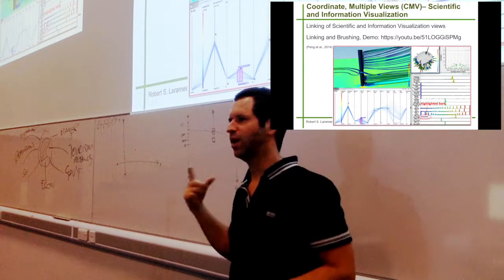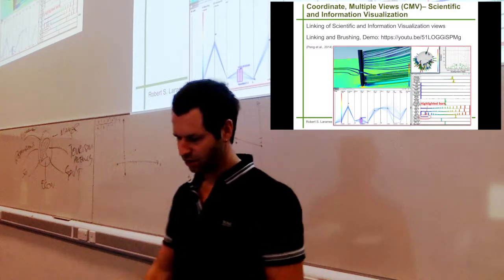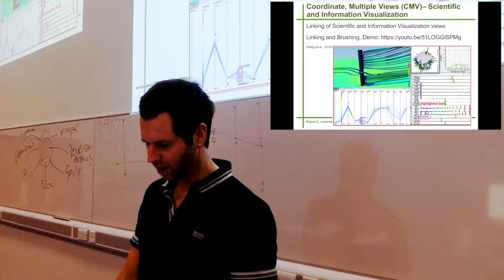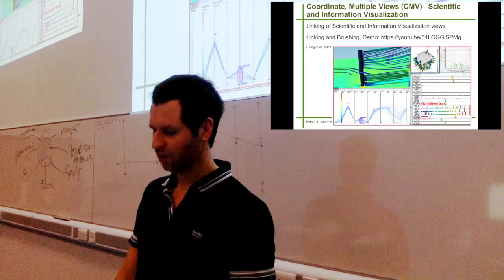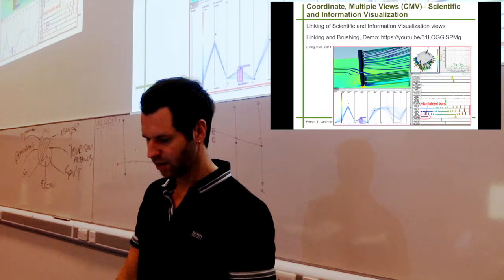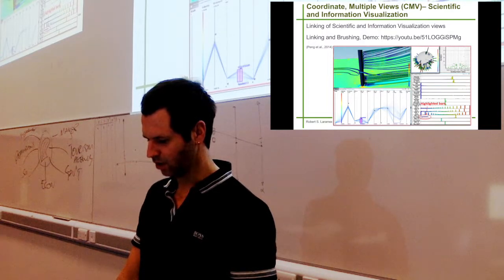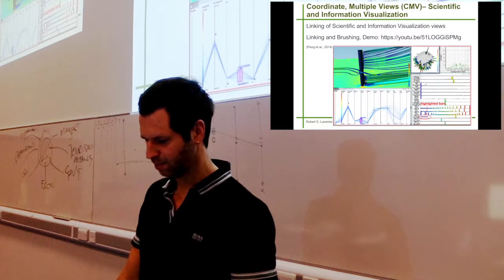So it's all synchronized and linked together. So if we want to see upstream flow, the user can select upstream flow in one view, and then they get, okay, these are streamlines that show the upstream flow. This is what they look like in the histogram. This is what they look like on the scatter plot. And this is what they look like in the histogram table.